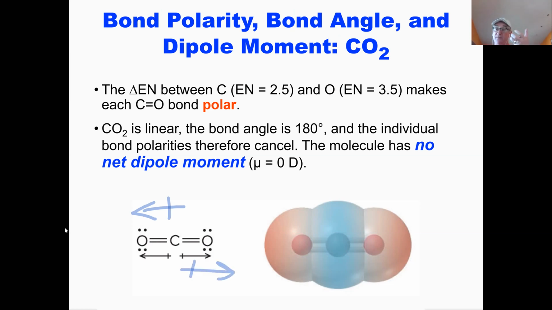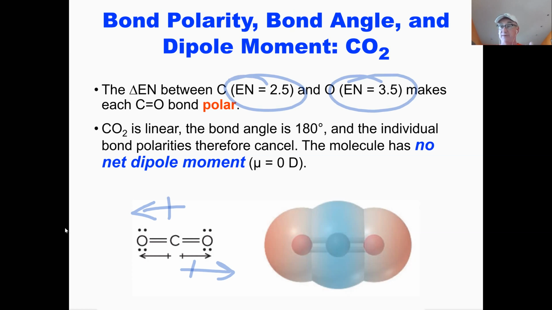And remember what I said before, these are like vectors. If you've taken physics before, even if you haven't, don't worry about it. Basically a vector is something that has both an amount and a direction. So it has two things. The amount in this instance is this difference. That tells you how polar it is.